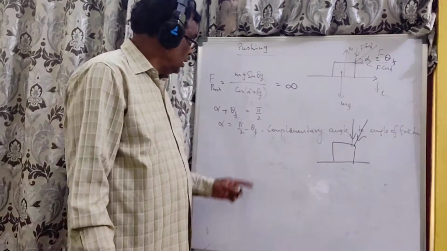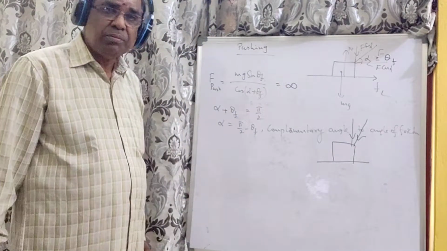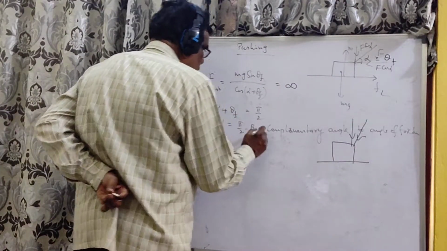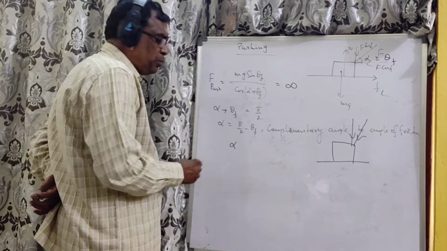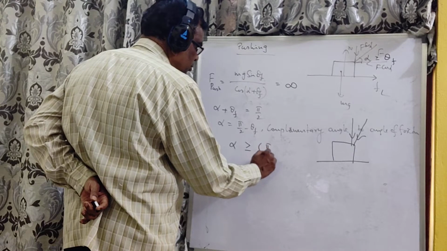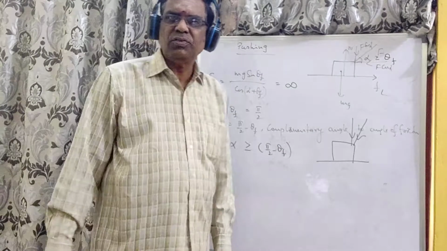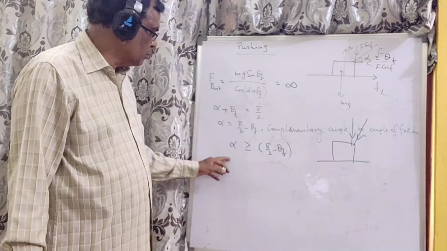So it is impossible to move this body through pushing if the angle at which you push is greater than or equal to the complementary angle to the angle of friction.